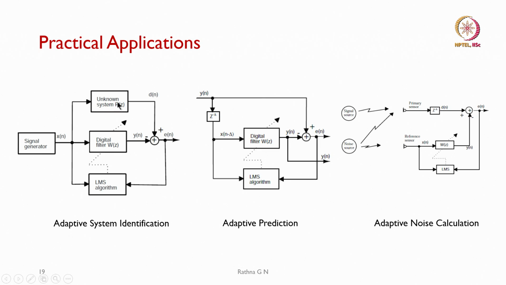If I have an unknown system, can I predict what that system is using this structure, computing my error function and minimizing it, to learn what this unknown system is. Later we said adaptive prediction: by delaying my input itself, I can see what kind of prediction my system is going to give.